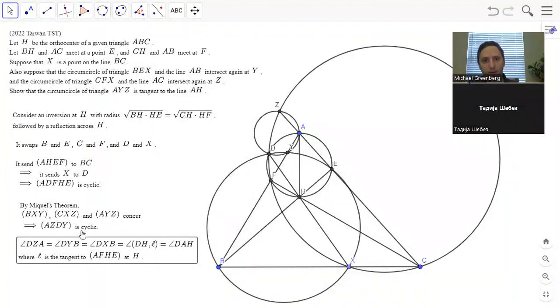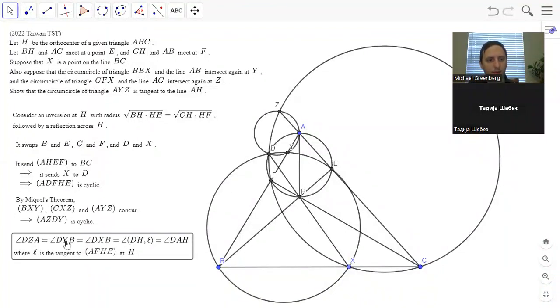So that implies that the circumcircle of AYZ is tangent to AH.